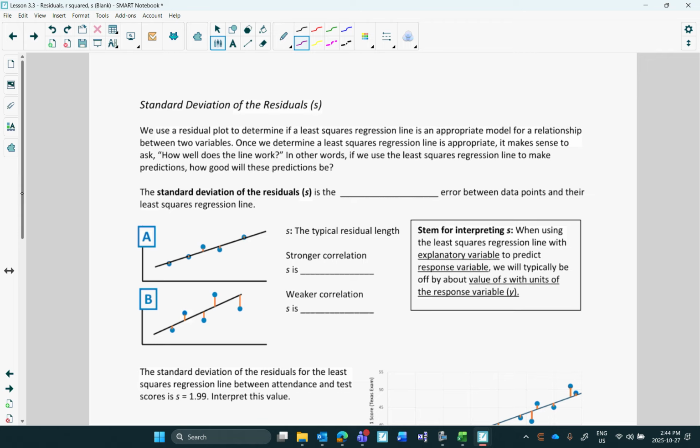That's what standard deviation means in a one variable set. But here, we talk about the standard deviation of the residuals. In other words, what's the typical distance the residuals are from the line? Or what's the average error or typical error? I could say error or distance.